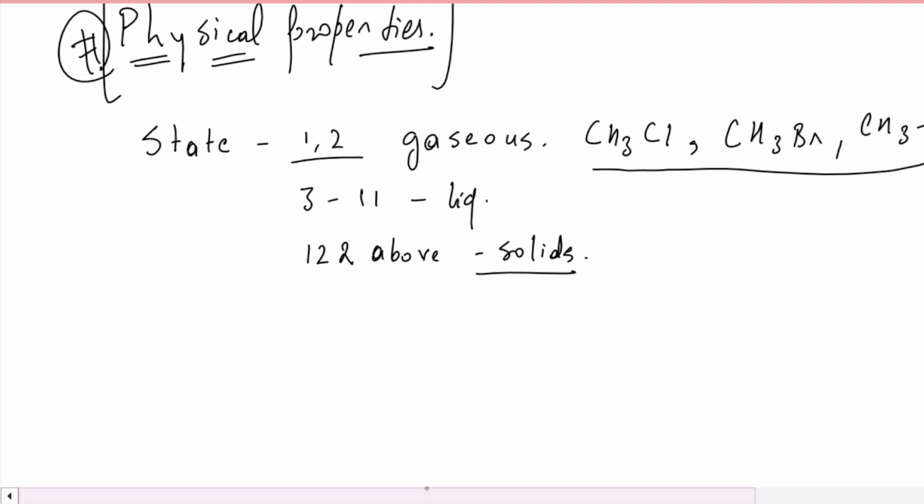Next is the discussion regarding boiling point.